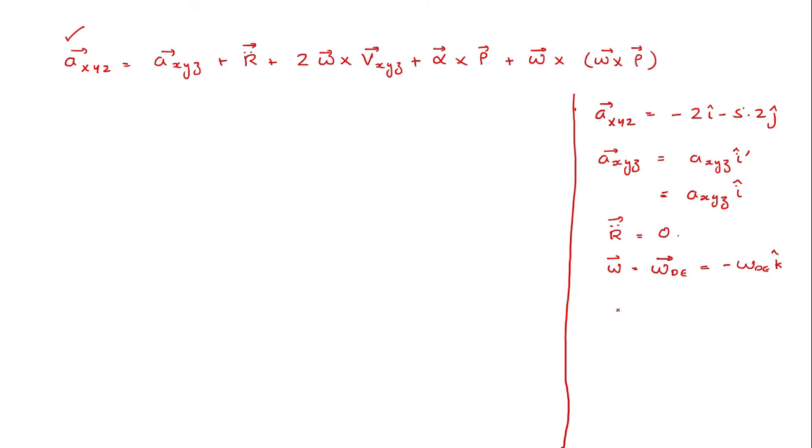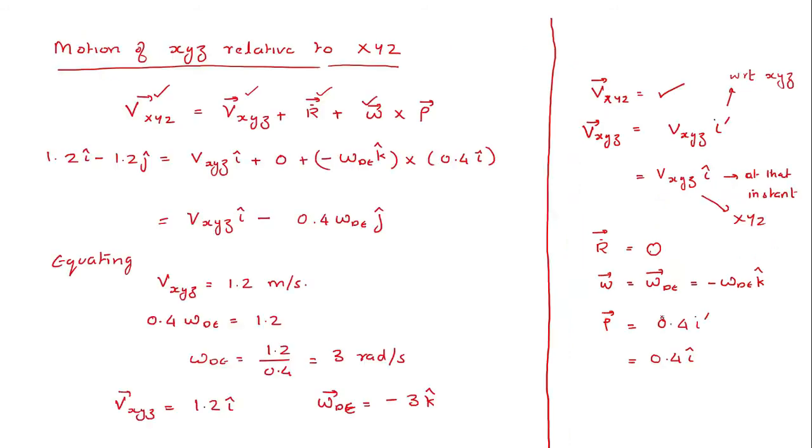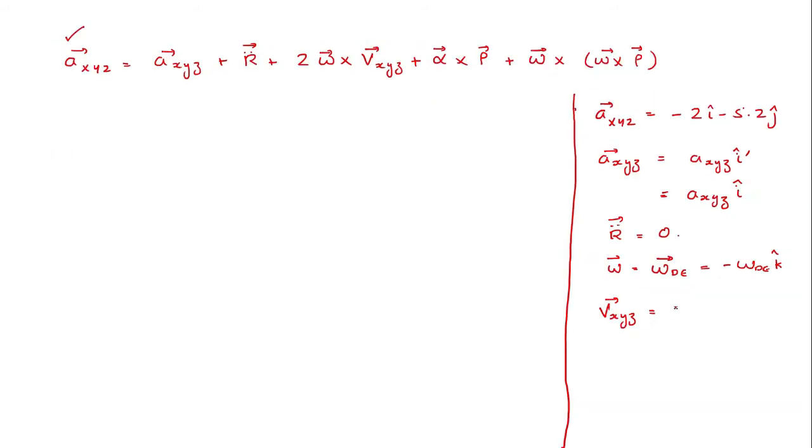Now v xyz, we have just obtained before, the value is 1.2 into I cap. Next, alpha vector is alpha DE vector.